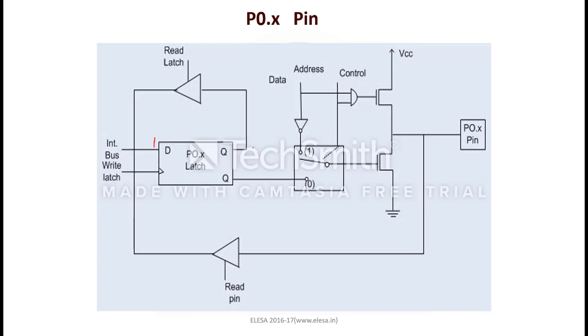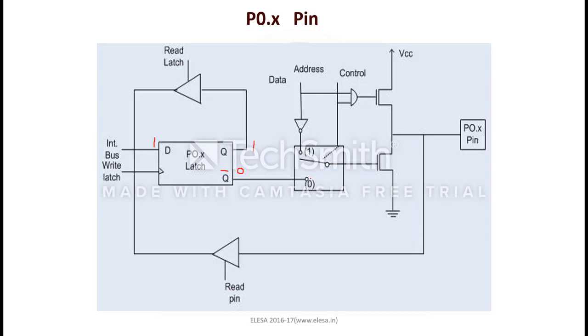D is the input of the latch. Now we will see how it actually works as an input pin. When D equal to 1, as the D latch has output same as the input, Q is also equal to 1, and Q bar will be 0. Q bar will be selected by the 2:1 mux as the control pin is 0.